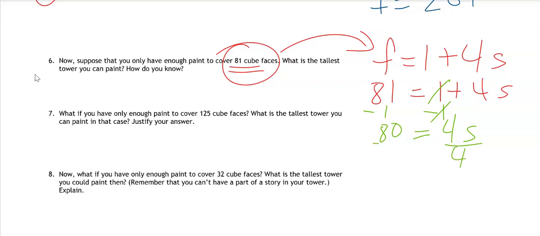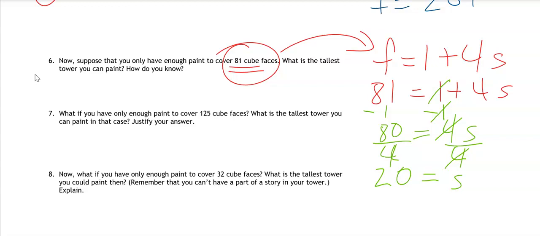Divide by 4. That 4 and that 4 cancel each other out because 4 divided by 4 is 1. 1 times S is just S. And 80 divided by 4 is 20. Now, that means that our tower will be 20 stories tall if we can only paint 81 cube faces. And how do we know for sure?